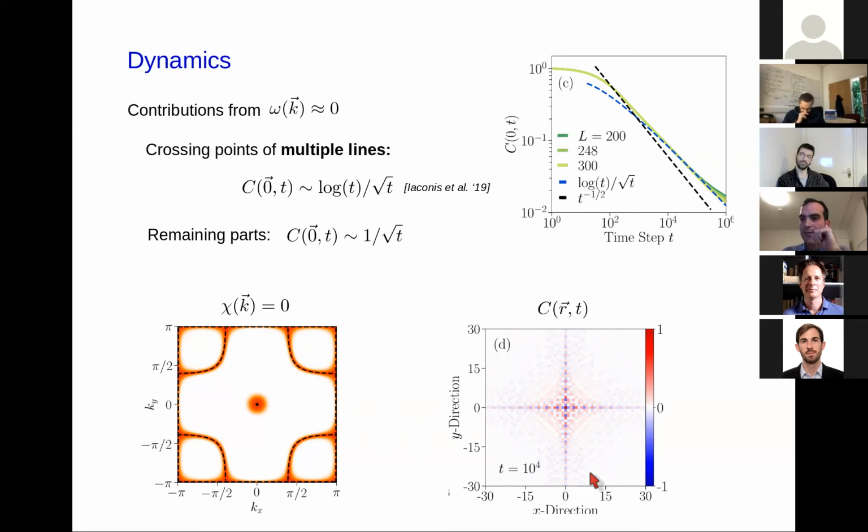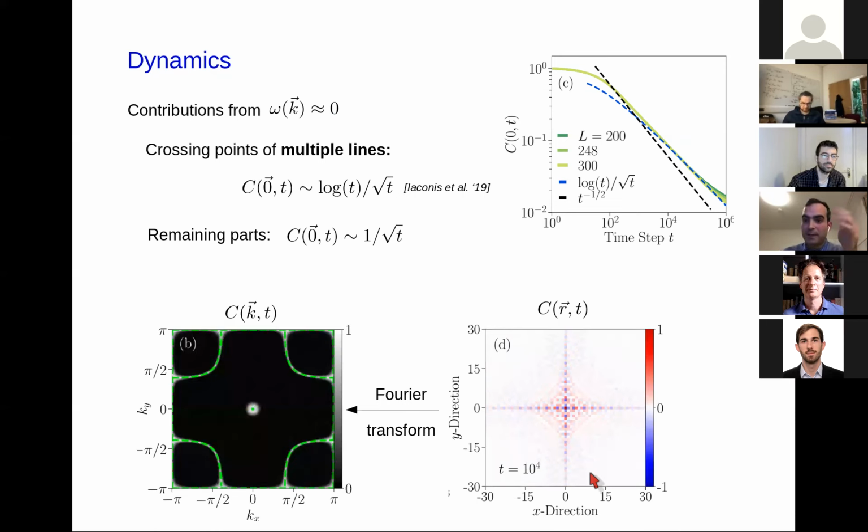Okay, so this is the correlation between a point in the bulk and any other point, with these oscillations that do not appear to decay at infinite times. From what we got in 1D, you can already guess that if we do a Fourier transform of this plot, it should lie on top of this set of zero modes, or the conserved quantities of this chi function, and that is indeed the case.